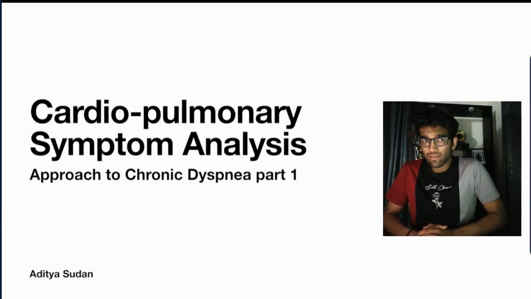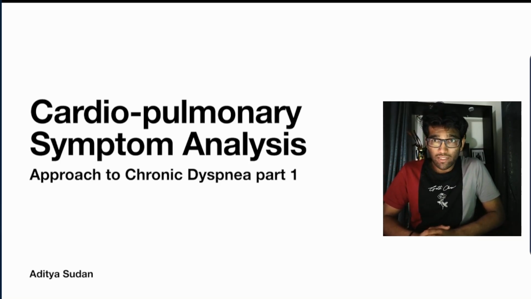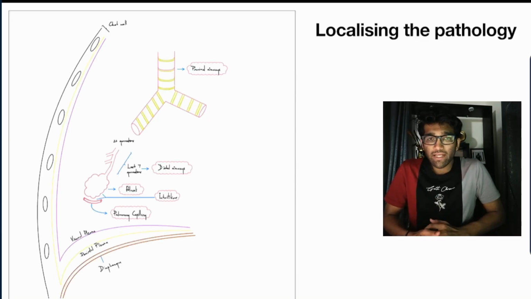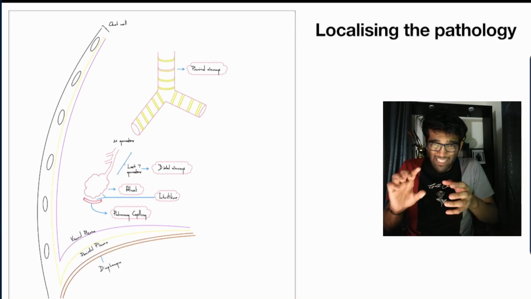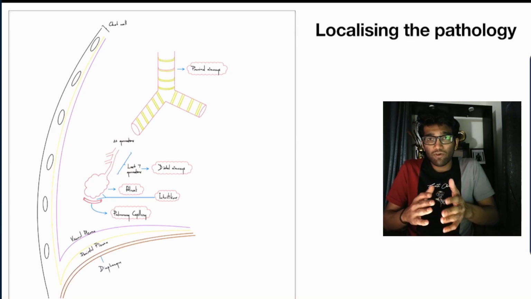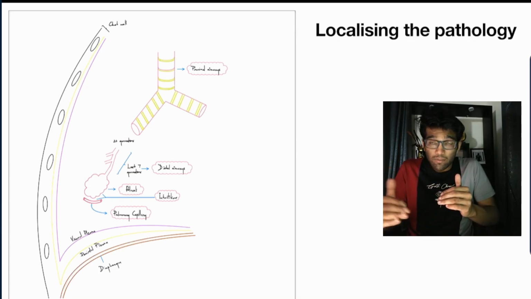So let's see how this pans out, and first let us decide how to localize cardiopulmonary symptomatology, particularly shortness of breath. So the first step to any type of medical diagnosis usually is to localize it to a particular tissue. Now, different tissues within the human body have specific physiological functions, and abnormalities of that physiological function are what result in the symptoms that the patients come with.